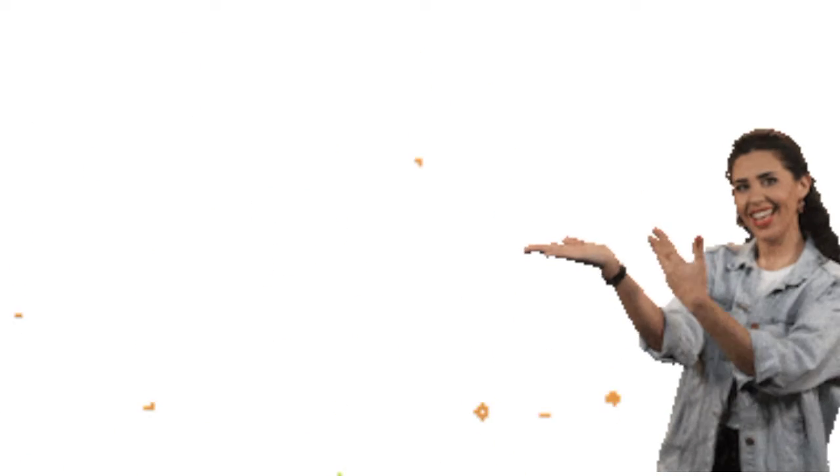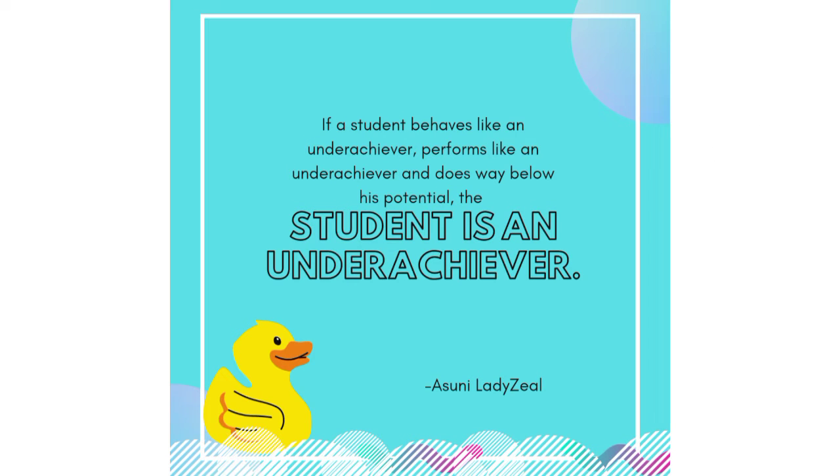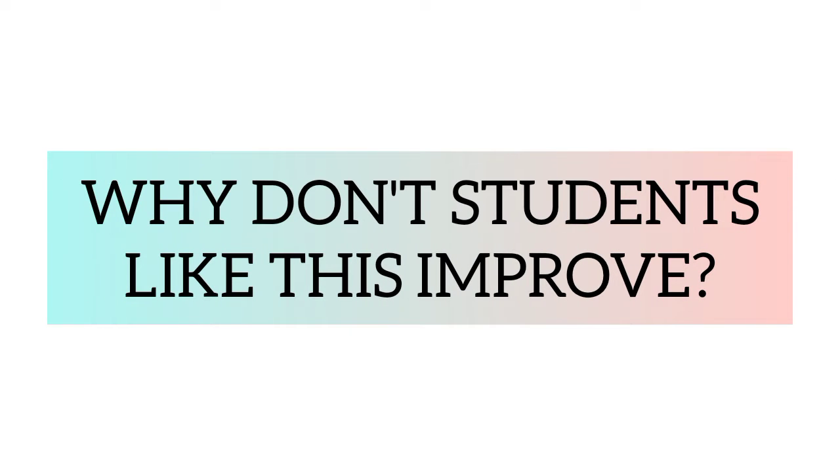So when a student is underachieving and the underachievement is reversed, he begins to perform less like an underachiever and behaves less like an underachiever, in line with our expectations. So why don't students like this improve enough to make significant progress?